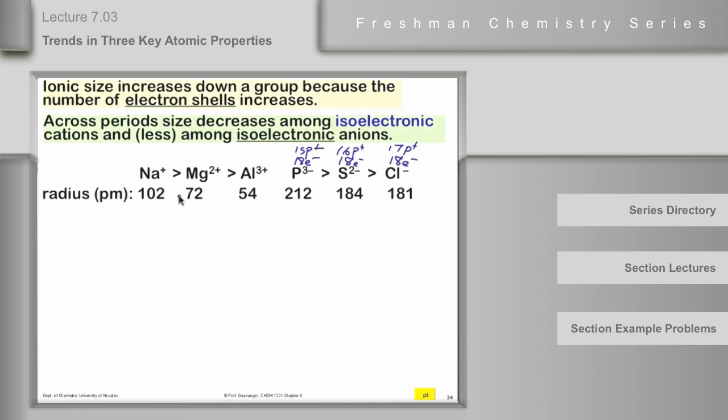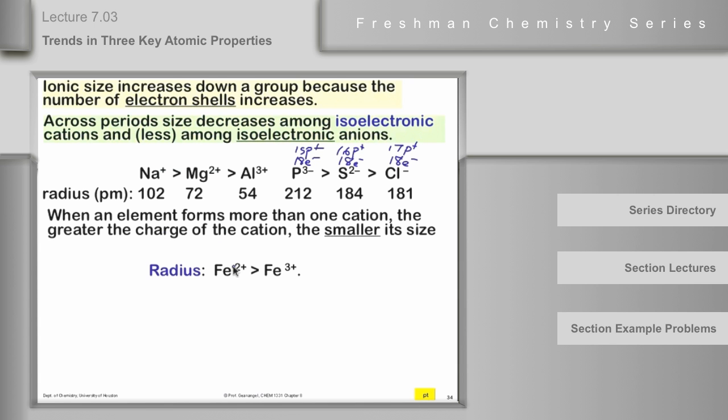And over here we did isoelectronic cations. There's one other thing that we can do, and that is to look at the ions that form from one element. We said some of the transition metals form different numbers of ions, like iron 2 and iron 3. So when we look at that, iron 2 has 26 protons and 24 electrons.